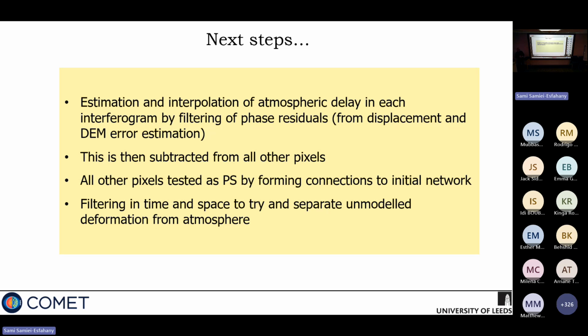Okay, so the next step would then be to try and densify that. So you want to go back and look at all the other pixels, check if they might be PS as well. And to aid in this, the first thing you do is estimate the atmospheric delay for each interferogram. That's done by taking your good pixels, the ones you've identified, and filtering them in space and time, essentially, to get at what the atmosphere is.